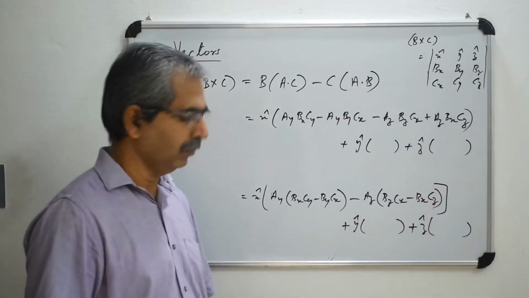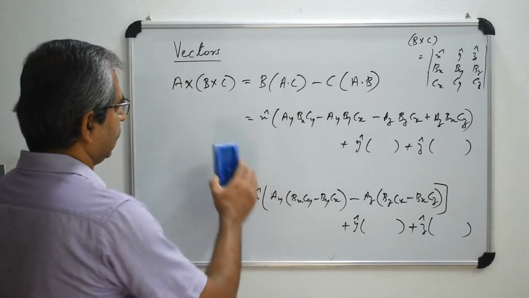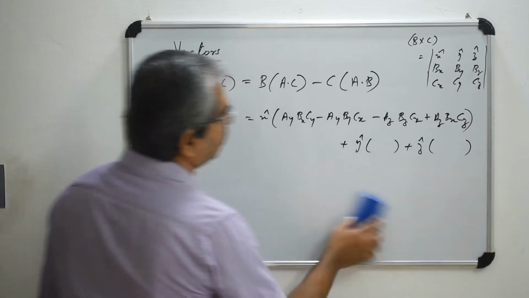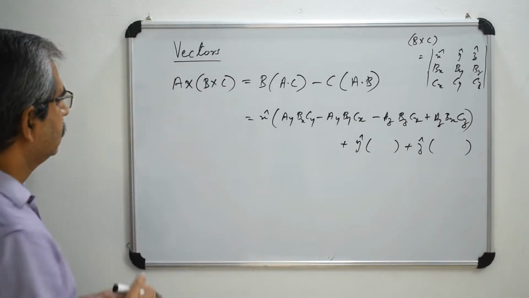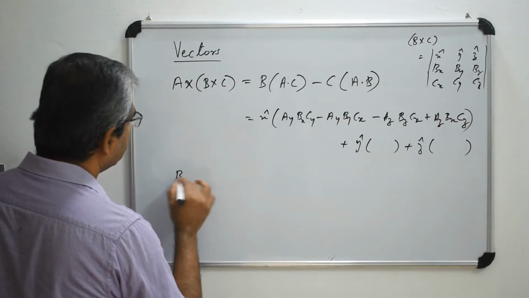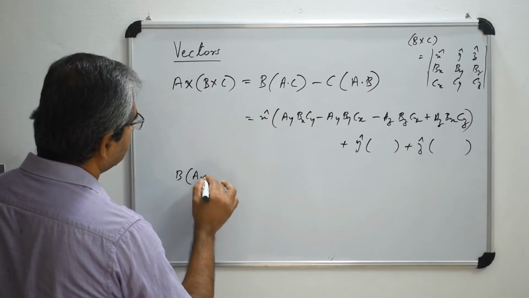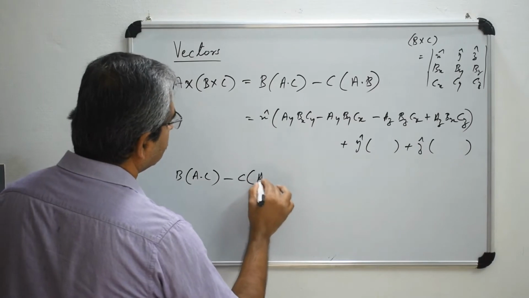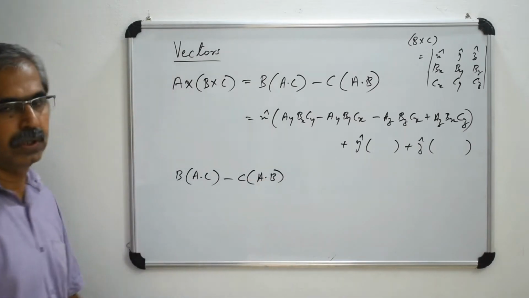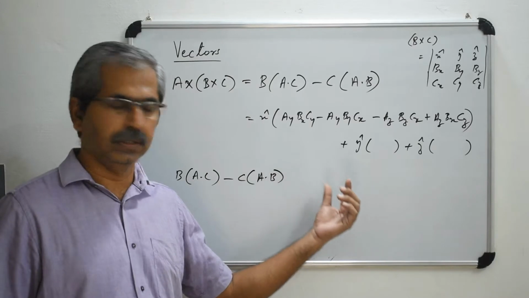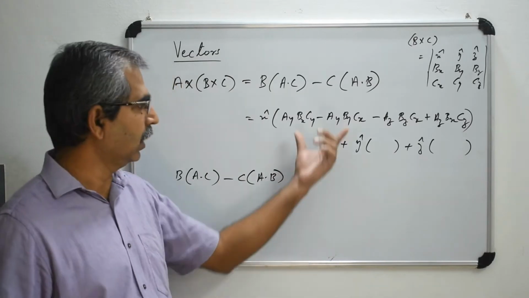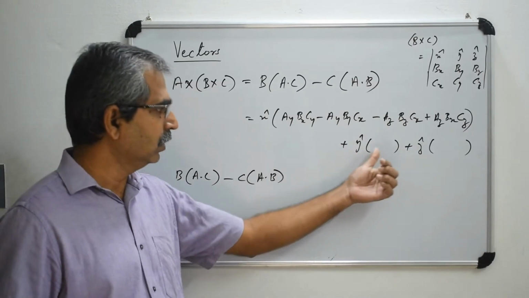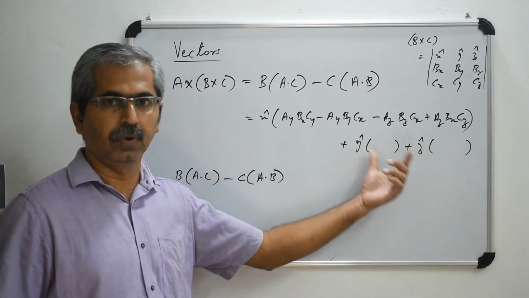Now you take the right side, that is B into A dot C minus C into A dot B. So you can expand this one and write the X component, and you will get this expression. Like this, you can prove that the Y component and Z component will also be the same.